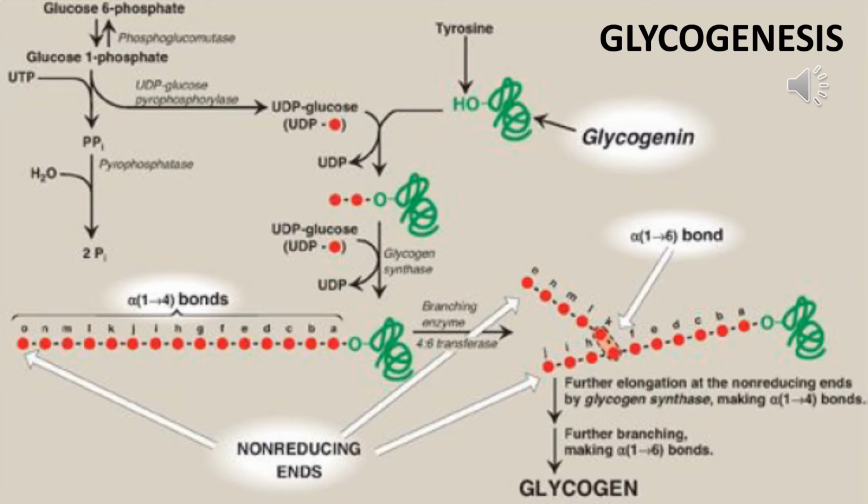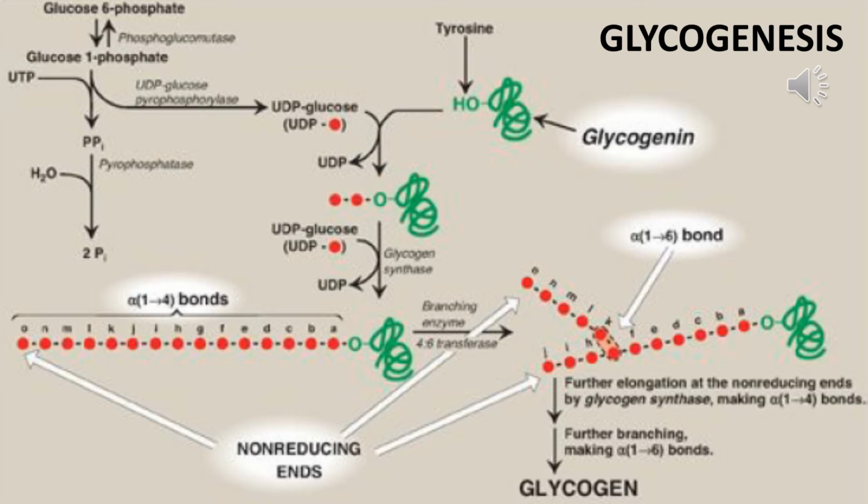I told you earlier that glycogenin is a protein that has a dual function, two functions. Function 1, it is the primer molecule upon which the first glucose residues are added. Function 2, it is an enzyme that catalyzes addition of the first 8 glucose molecules to itself.